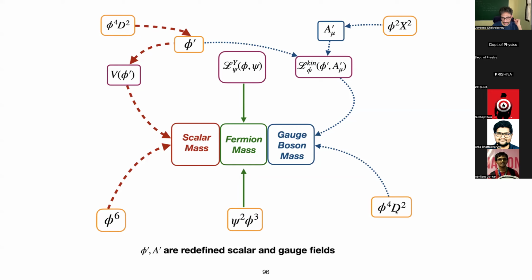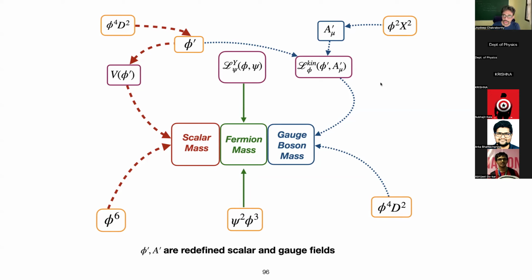This covariant derivative actually contains the gauge fields, right? And once you expand them and phi is replaced by the vev, you will generate new terms which are proportional to bilinear in gauge fields. And as you know, the terms which are bilinear in gauge fields are nothing but contributions to the gauge boson masses. That's the definition of masses, like bilinear in fields. And that's why it contributes to the gauge boson masses.